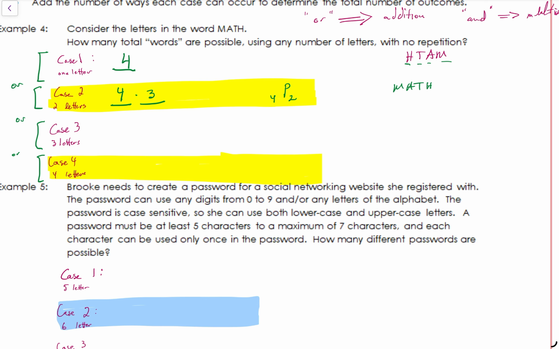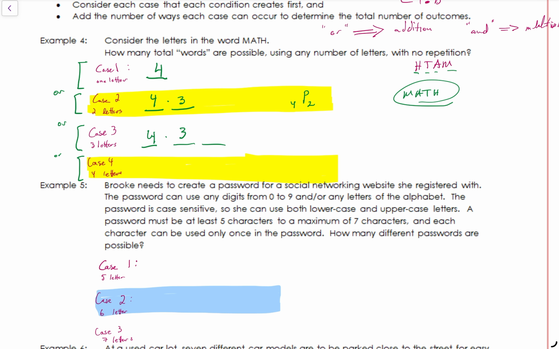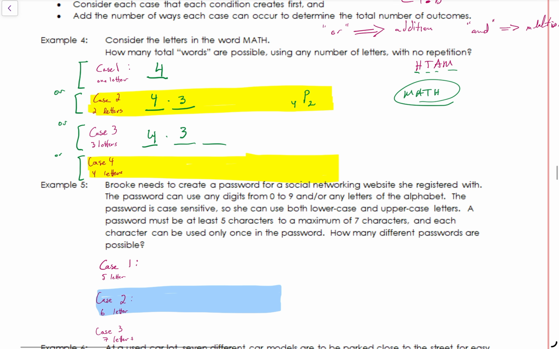Now, 3 letters, so I'm just going to say 1, 2, 3, using the letters in math. I will have 4 choices for that first letter. For that second letter, I'll have 3 choices. And for the third letter, I'll have 2 choices. Or you can say it's 4P3.